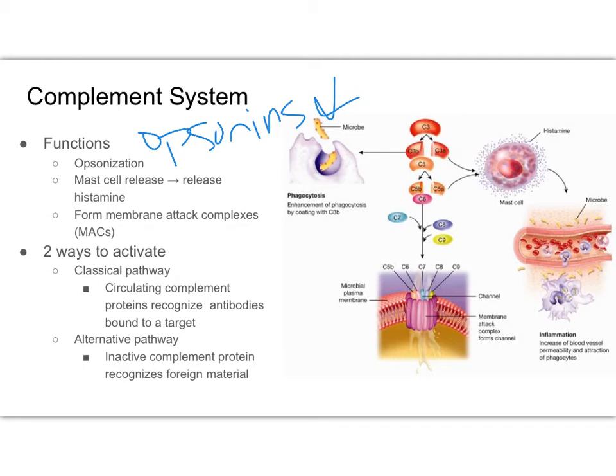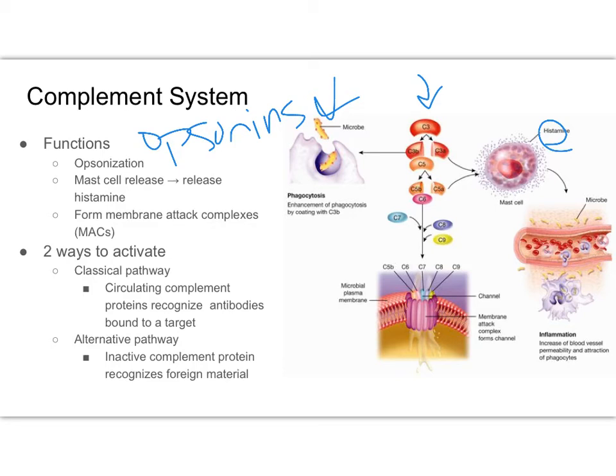The complement system, you can see right here in the middle, is a big signaling cascade or pathway, so it's going to trigger a wide variety of responses. Another one is that mast cells are going to release histamine. Histamine is important in the inflammatory response, and the inflammatory response is actually a non-specific defense. So these mast cells will release histamine, which will trigger more inflammation.